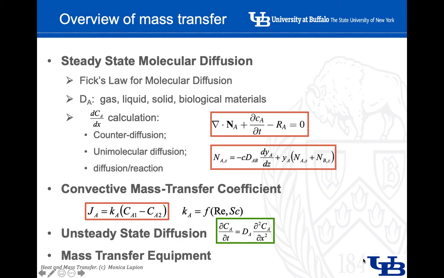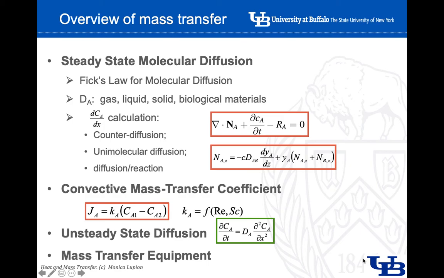And we identified different approaches depending on the geometry, some more feasible than others, mathematically speaking. And then we defined a number of empirical equations that we can use, based on experiments, to estimate the value of the mass transfer coefficient.